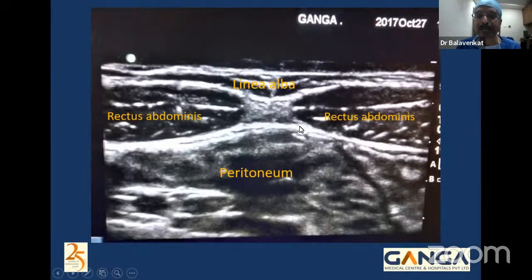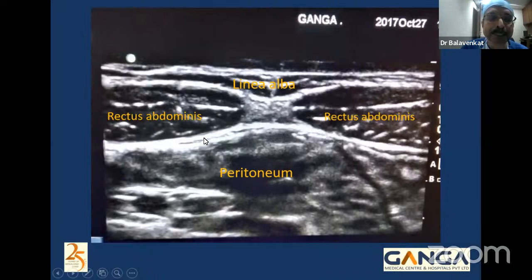So why I wanted to project this is, when we do even simple blocks like this, we should keep in mind that the peritoneum is very, very close by. And when you guide your needle, when you come in plane, you need to be very careful, hydrodissect, and it's important that you stop it here.